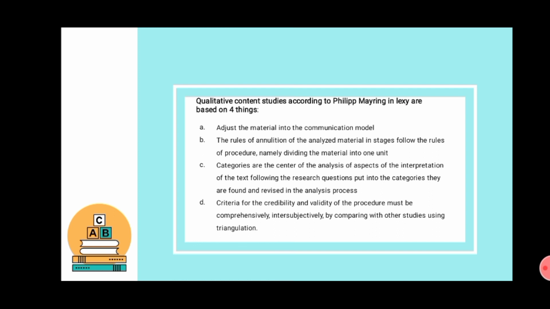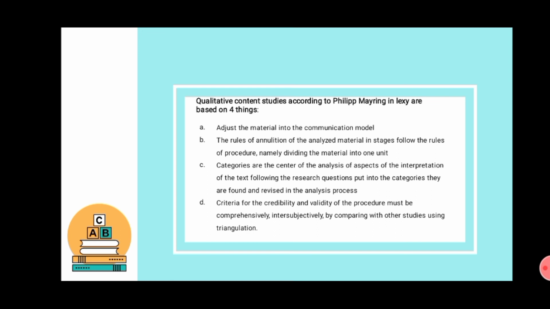B. The role of analysis of the material in stages from the rules of procedures, namely dividing the material into one unit. C. Categories are the center of the analysis and the interpretation of the text, following the research question put into categories. They are found and reflected in the analysis process.